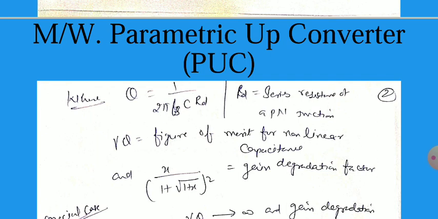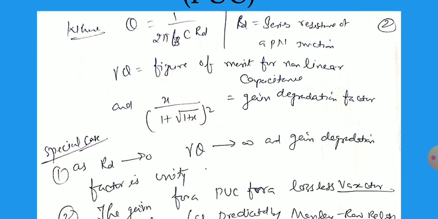Gamma Q is a very important property of the parametric amplifier, called the figure of merit for a nonlinear capacitance, and x divided by the square of 1 plus root of 1 plus x is called the gain degradation factor.